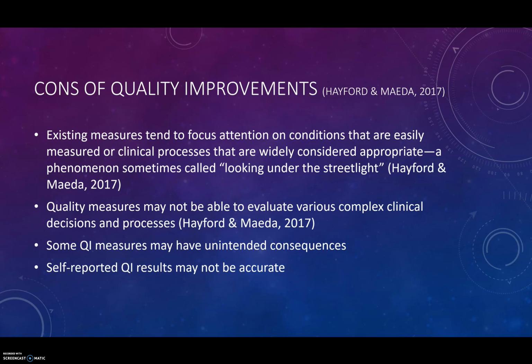Existing measures also cannot assess a physician's ability to manage patients with multiple chronic conditions, nor can they capture other aspects of care, such as a provider's technical proficiency or the accuracy of a radiologist's interpretation of imaging studies. Processes and conditions that are easily measured and considered appropriate form the main realm of the major existing quality improvement measures.